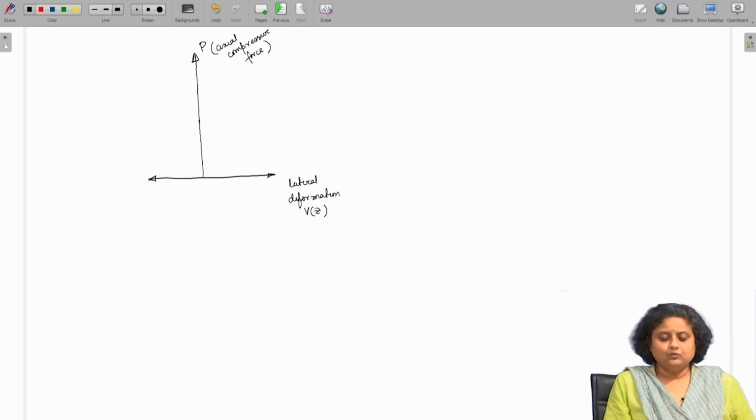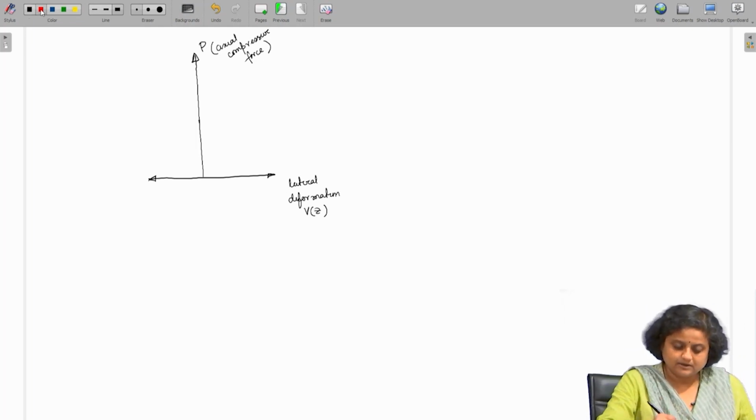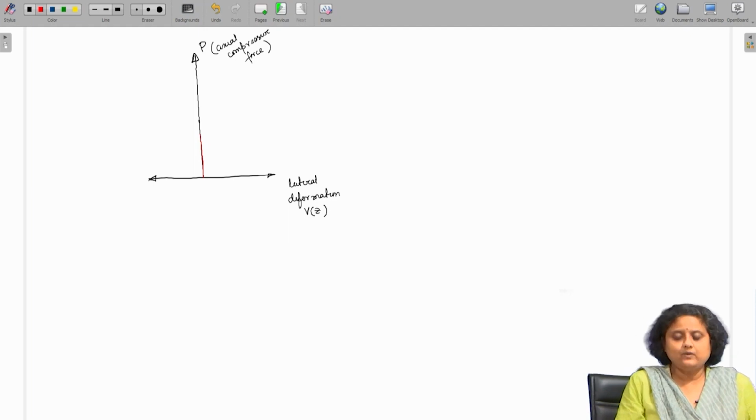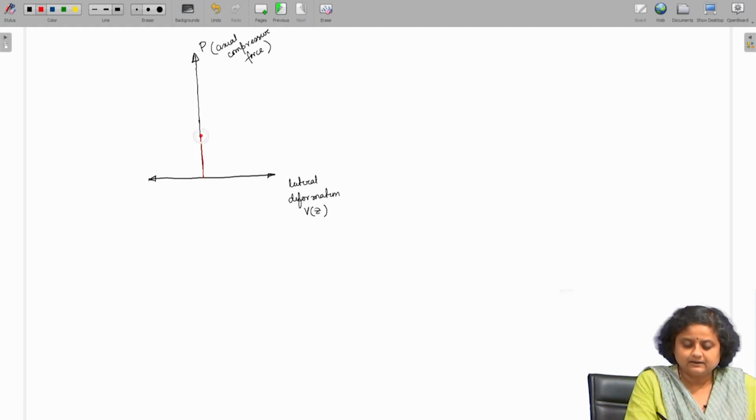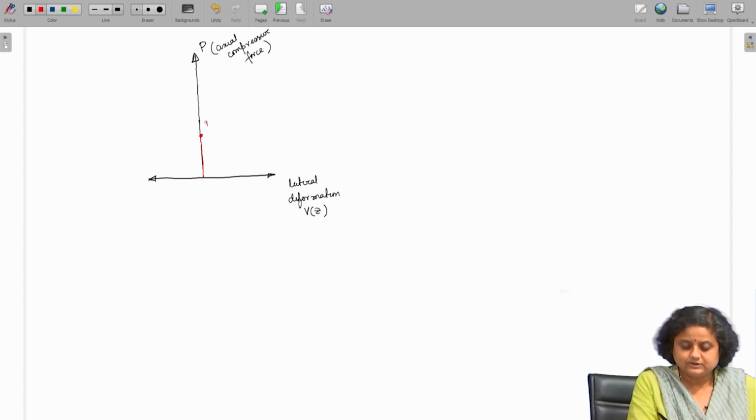Now, if we take the column and start applying the force, the column is not going to deform till we reach a certain value of P, which is P equals P critical 1.